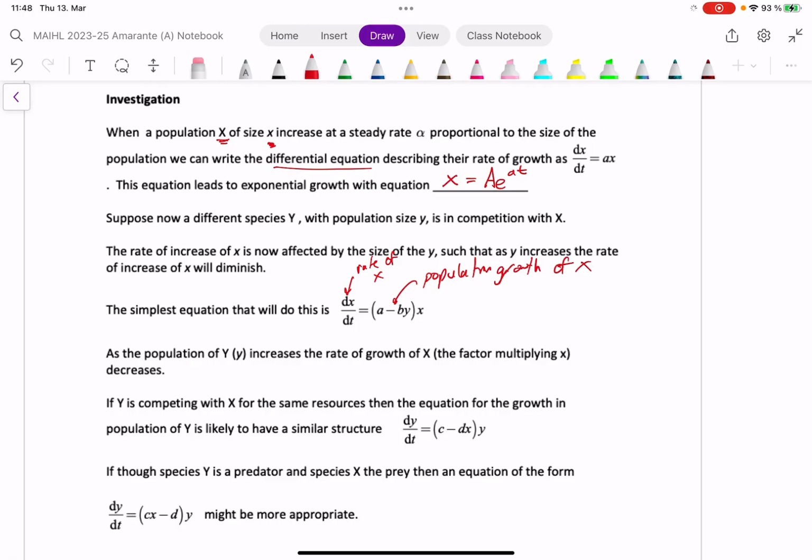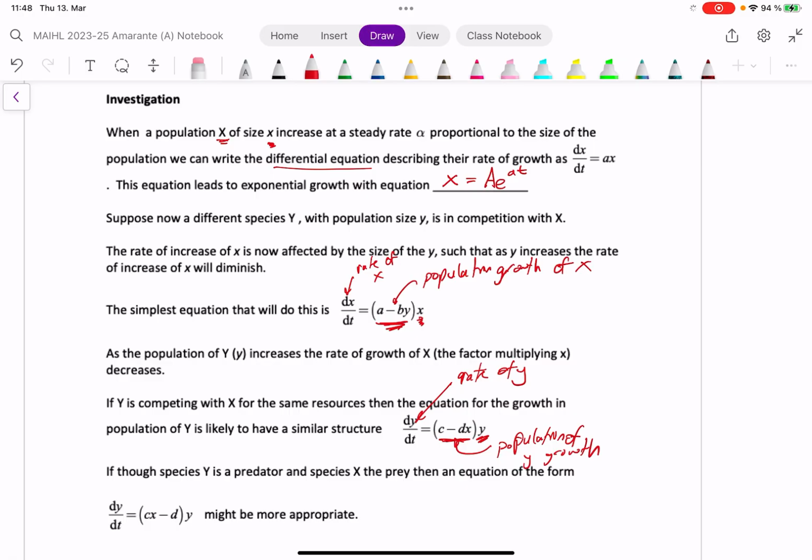If I want to find the growth of y, this is the rate of change of the population of y. It depends on this, which represents the population growth of y, if you want to think about it that way, times some value of y. So this one is a value of x that's affected by some amount of change of y, and this is a value of y that's affected by some amount of change of x.